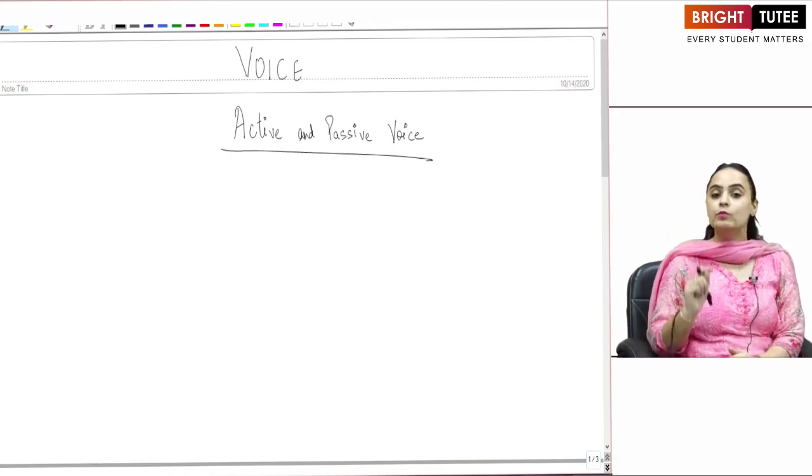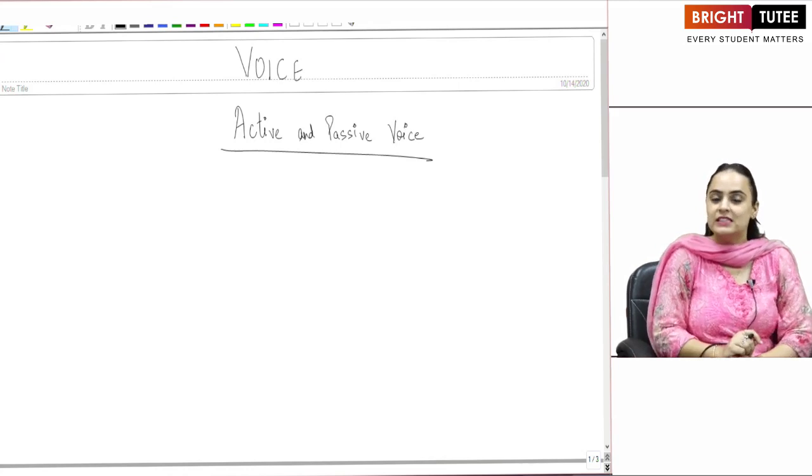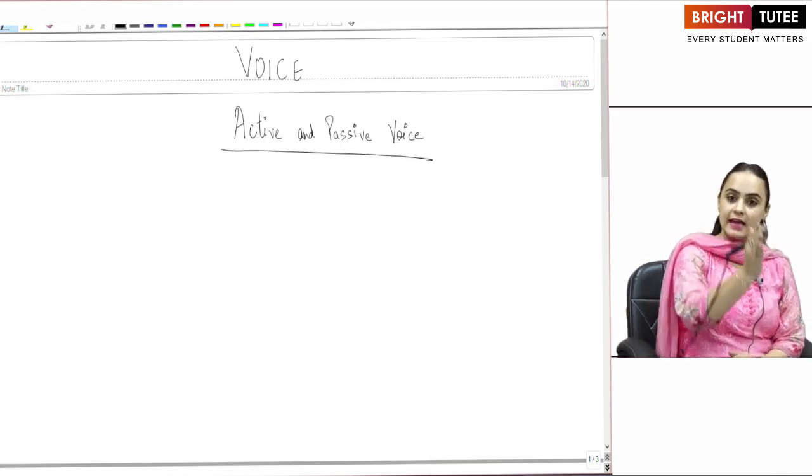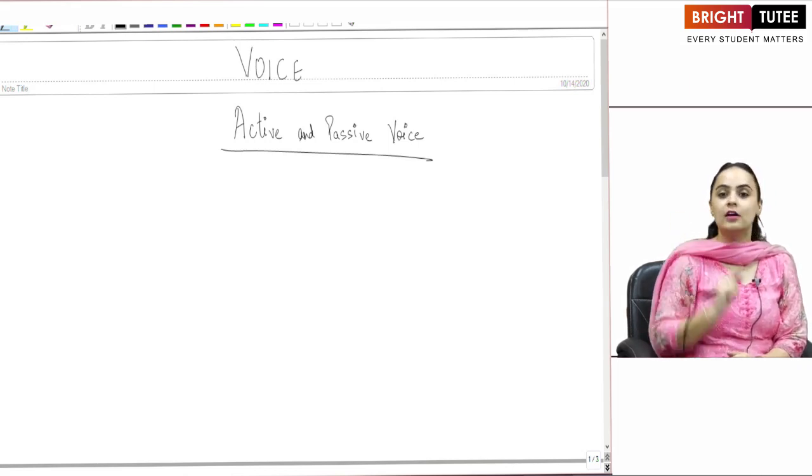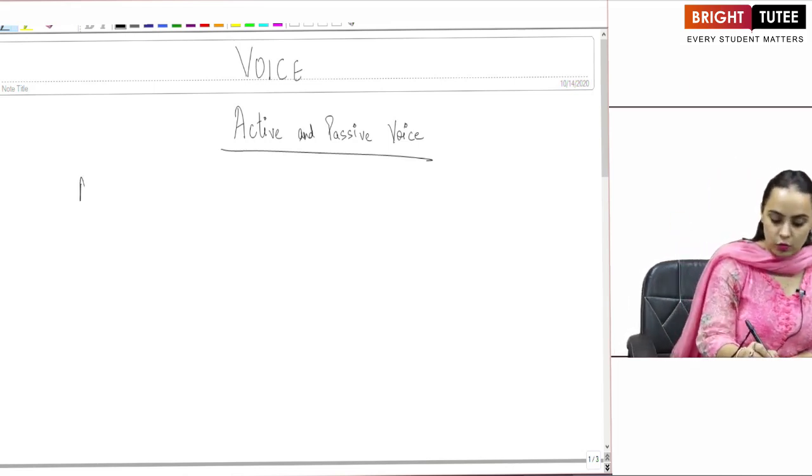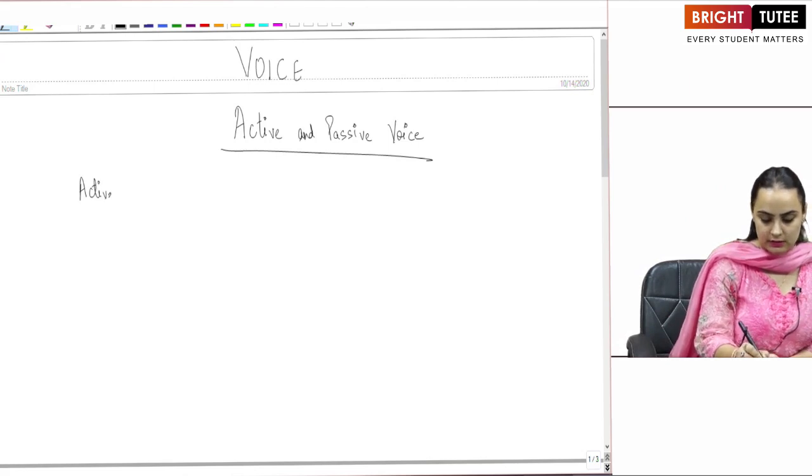But before we move on to the rules, it is very important for us to understand what is an active voice and what is a passive voice. So what is an active voice?